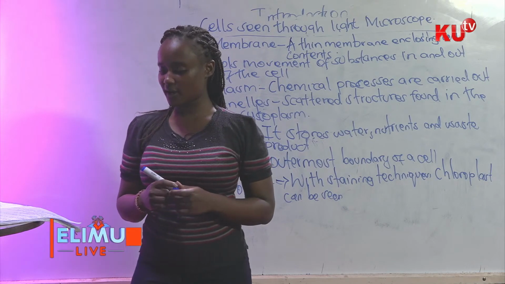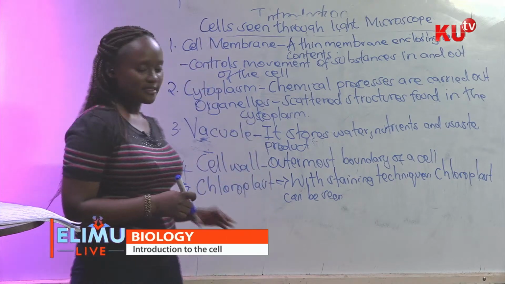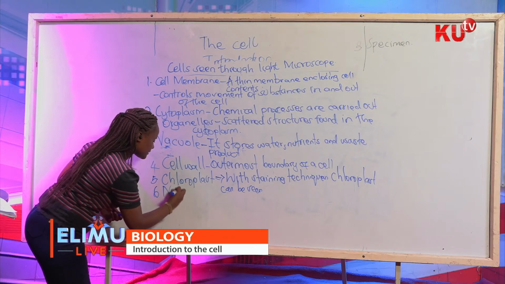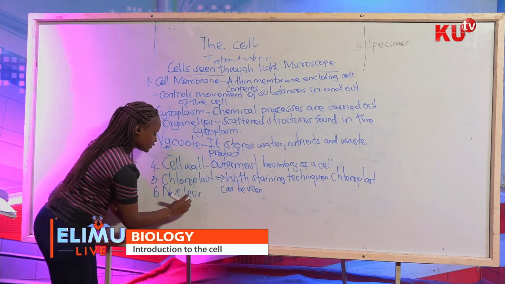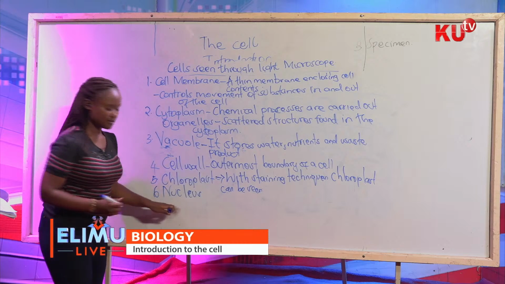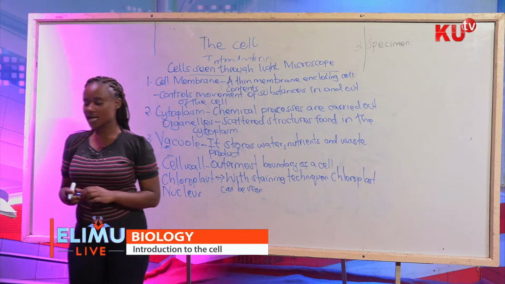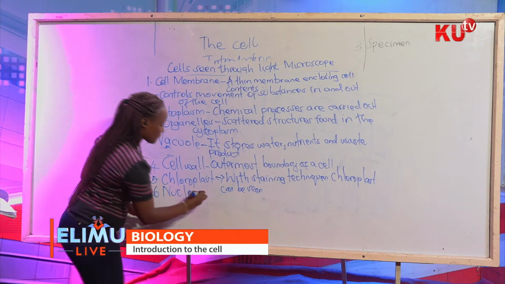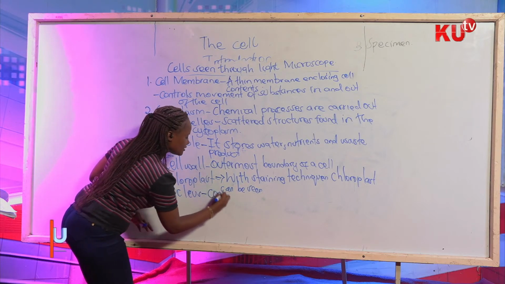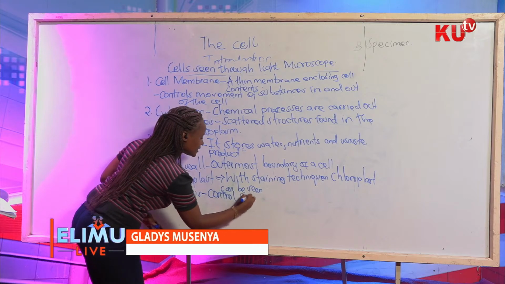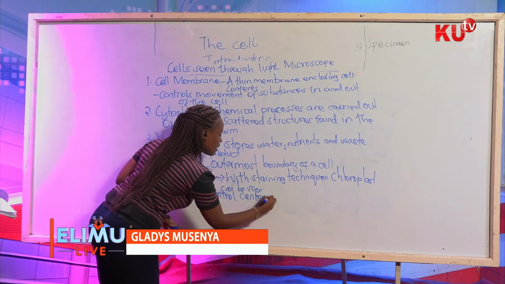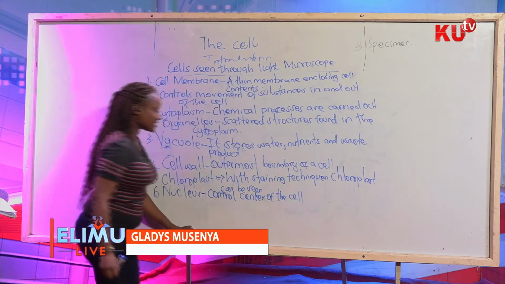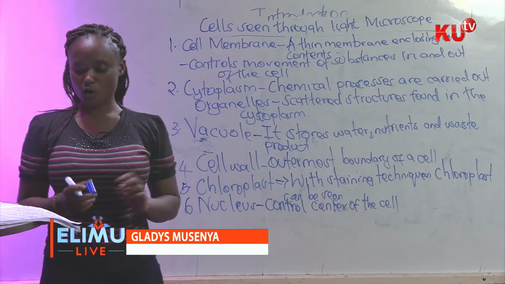Now we have the fifth one, that is the nucleus. The nucleus acts as the control center of the cell.